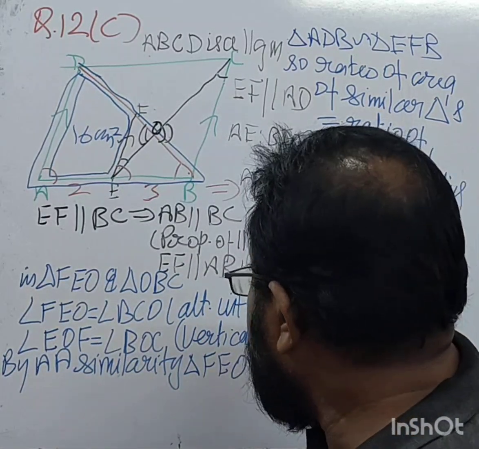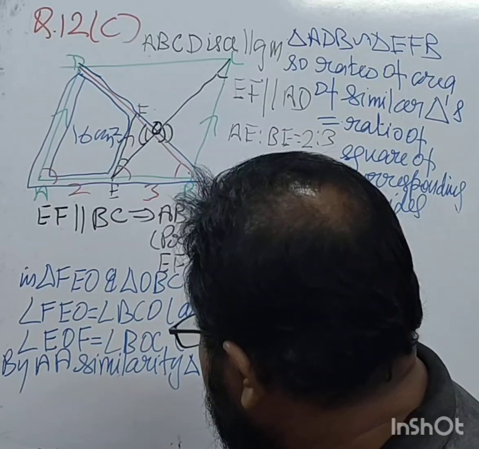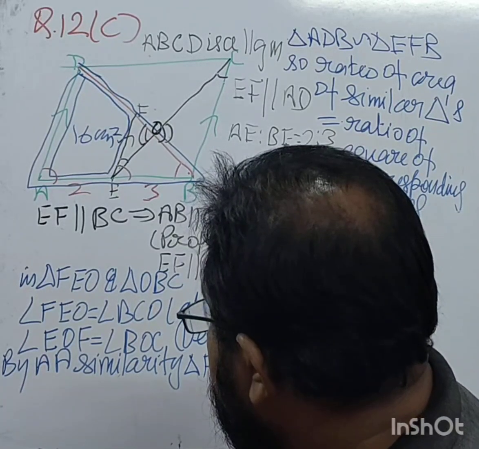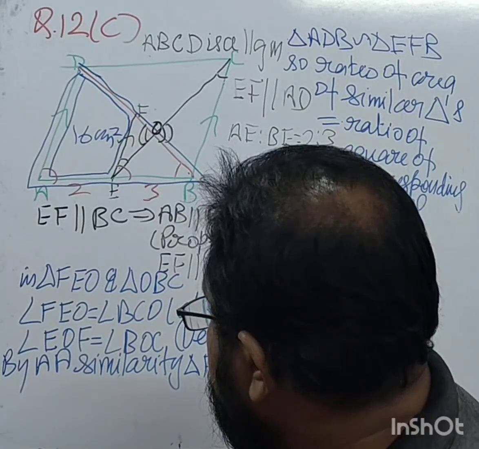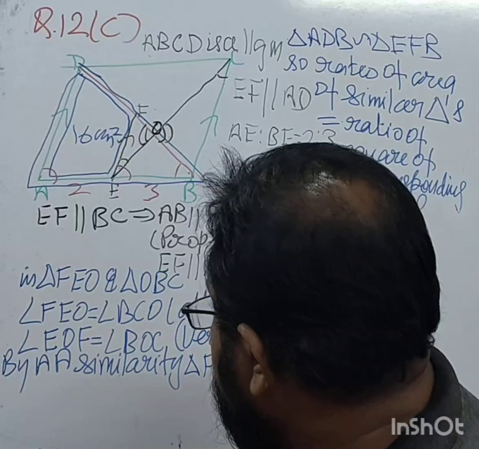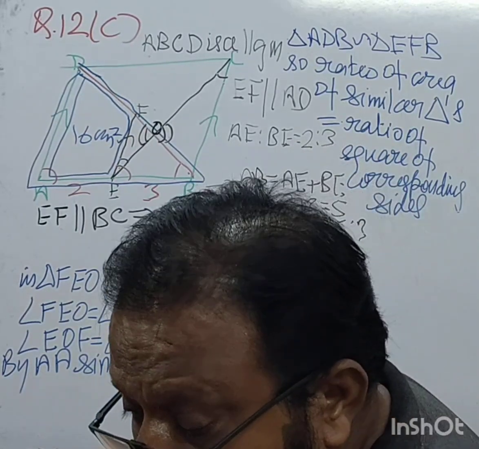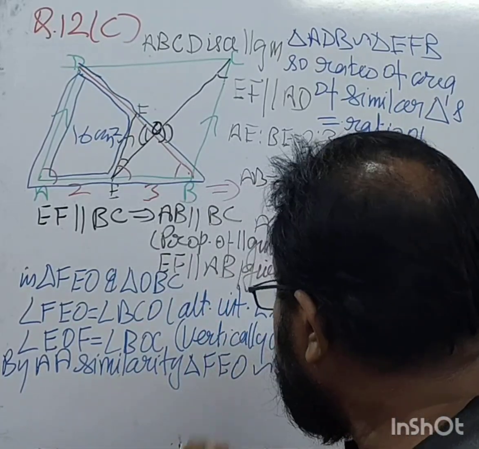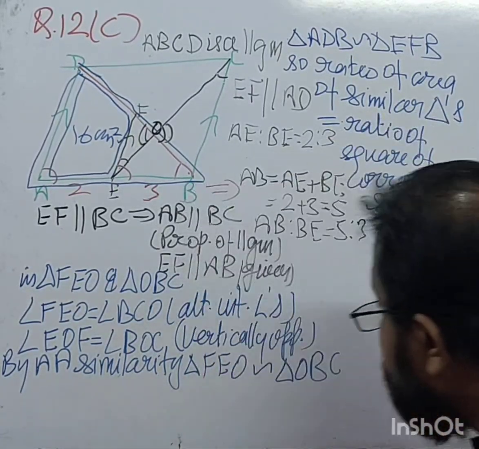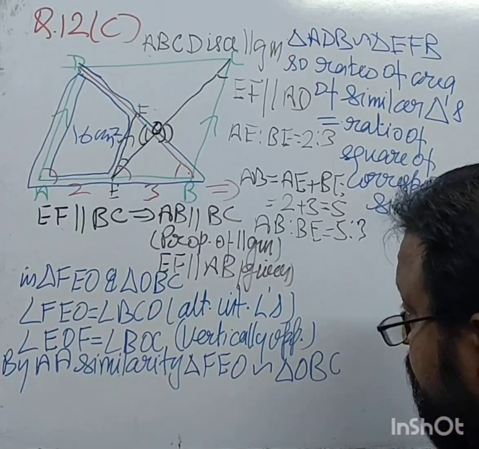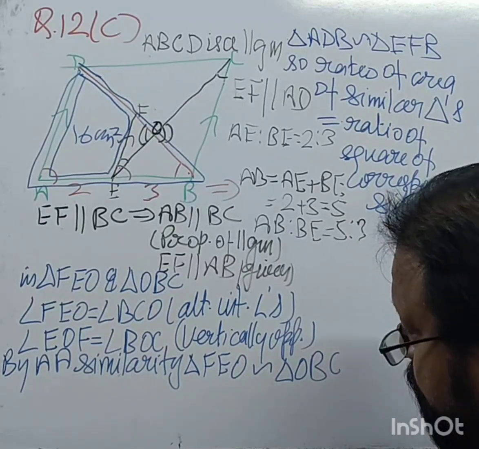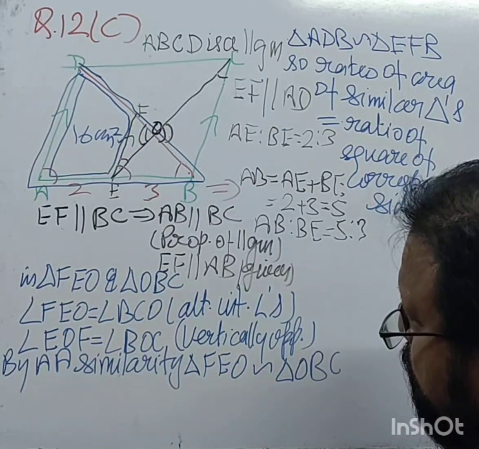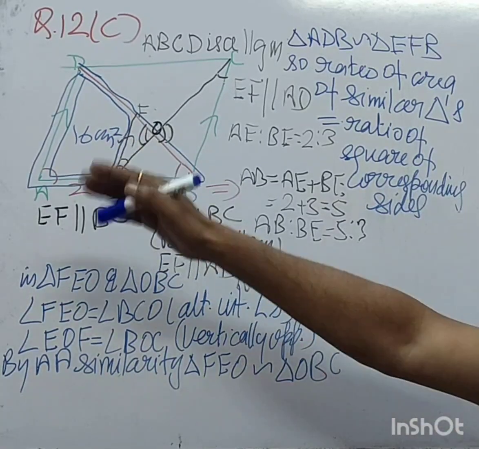Area. This is triangle OBC we have. So how we can do this? Okay.